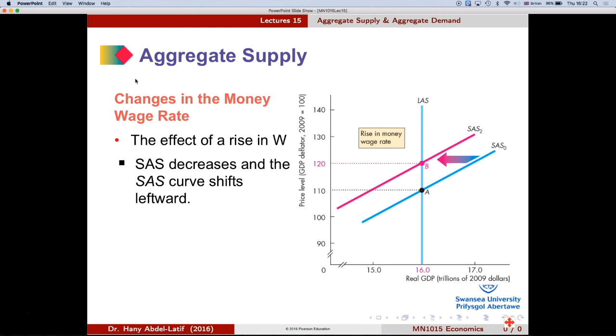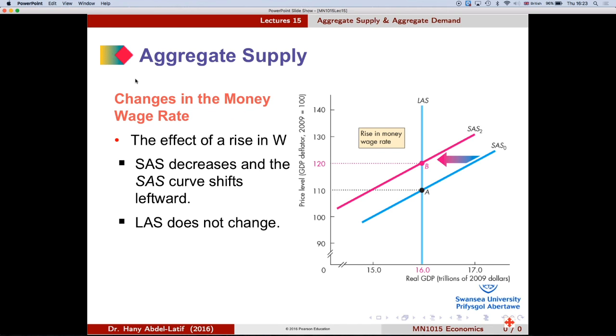But the difference here is very important. The long run aggregate supply curve is not going to change. If the money wage rate increased, as you see, the short run aggregate supply shifted to the left, but the long run aggregate supply curve didn't move. Okay?